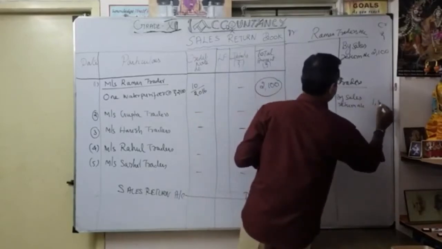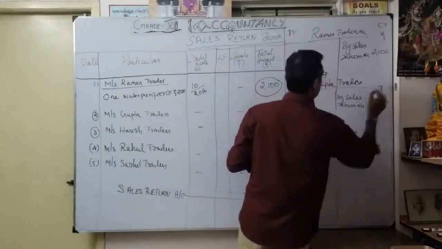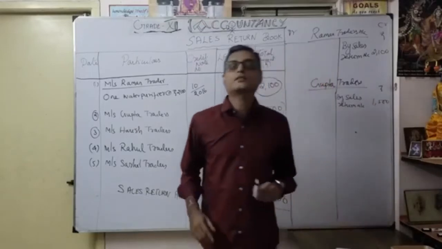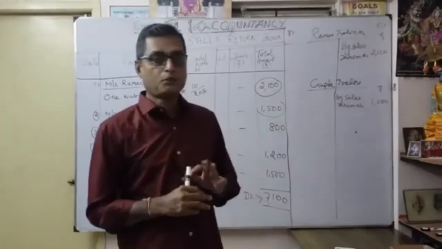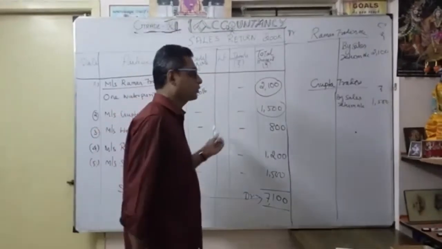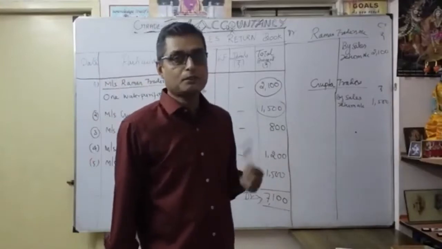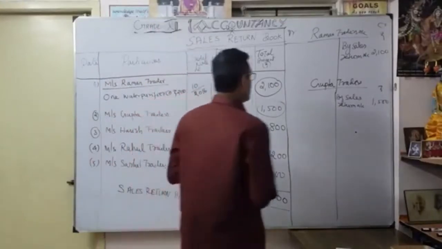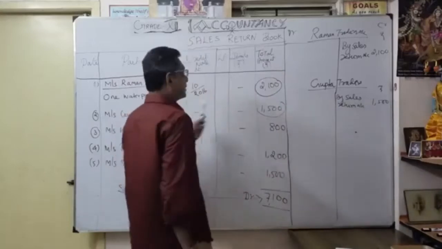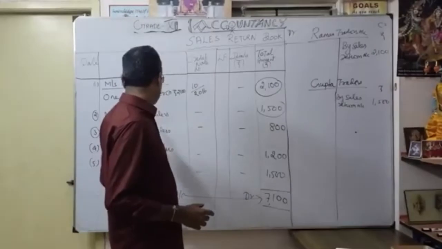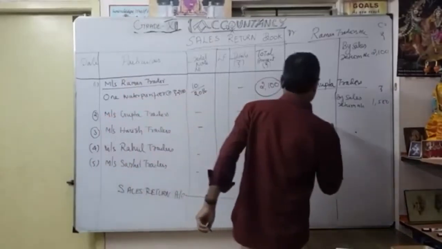Understood. You should be very careful with posting. Posting is very, very important. You should be strong in the journal entry first, then posting is very easy. So in Gupta Traders account, by sales return account, 1,500. Thereafter, you open Harish Traders.